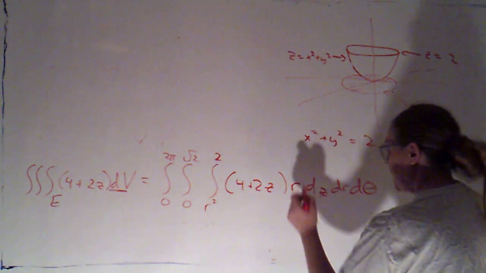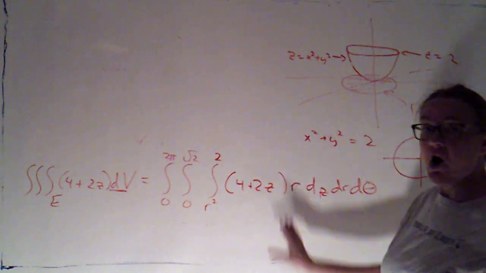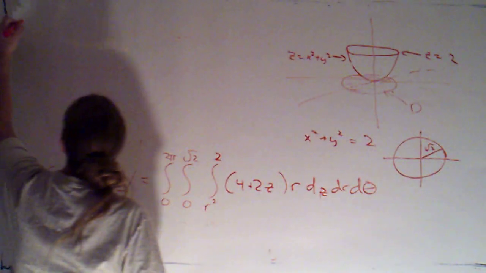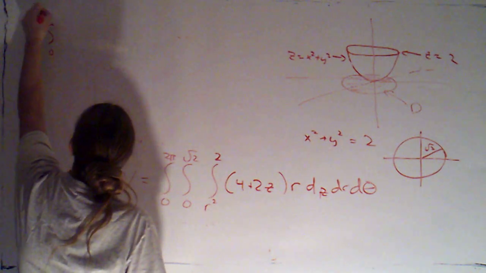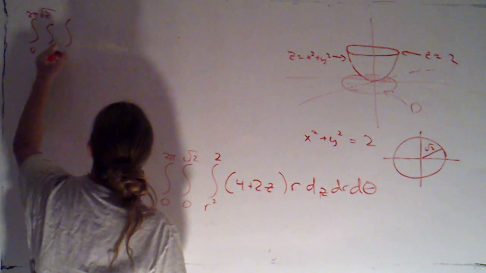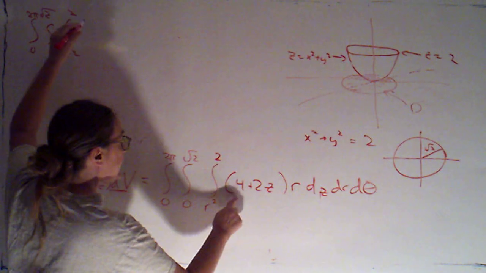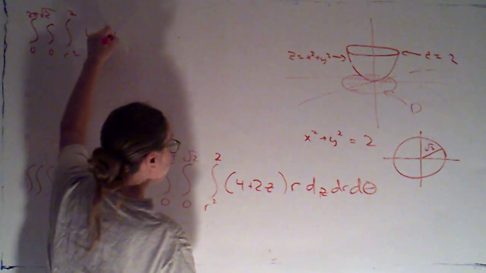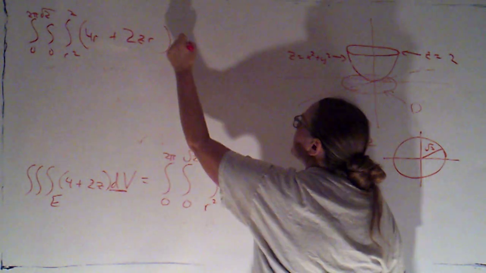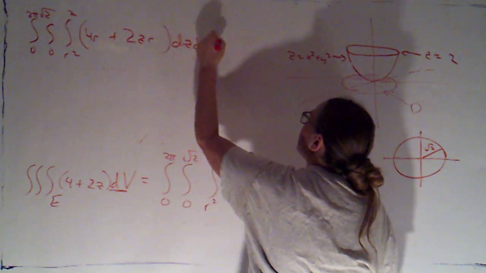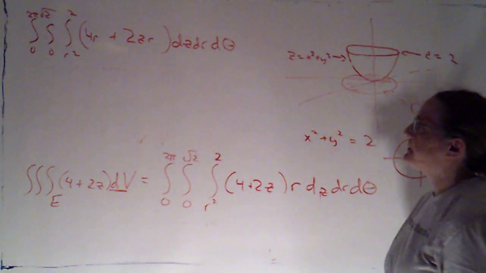Okay, so I'm going to distribute through that r and copy the integral up here. Integral 0 to 2 pi, integral 0 to root 2, integral r squared to 2. It's going to become 4r plus 2zr, and then we're going dz dr d theta.